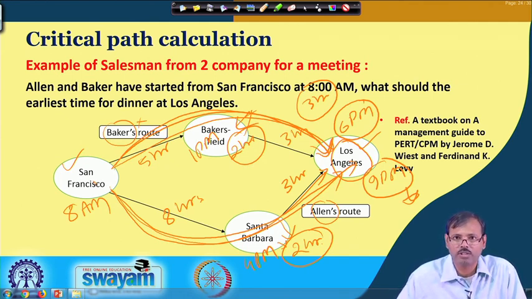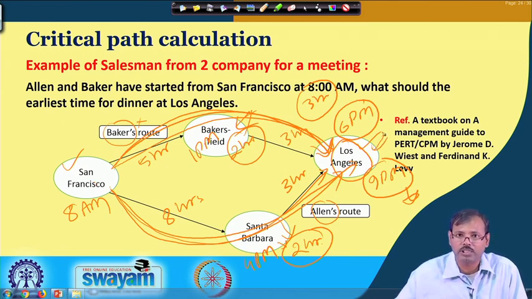The path which is the longer path is the critical path, but the longer path determines the earliest completion of the job. That means, the meeting is the final target of the job.